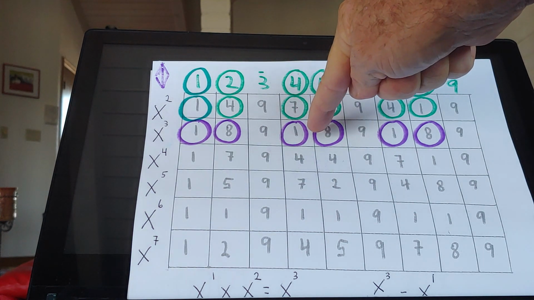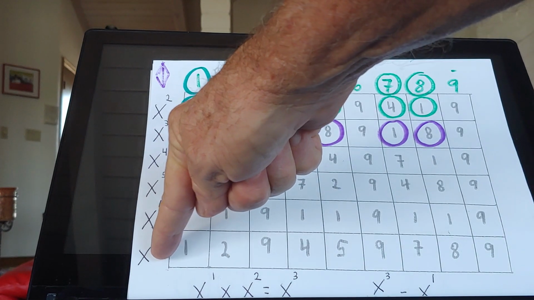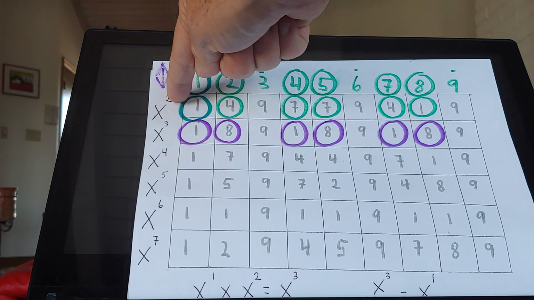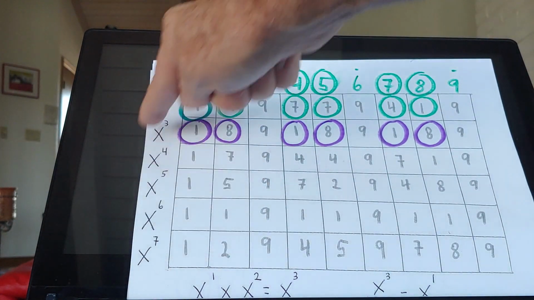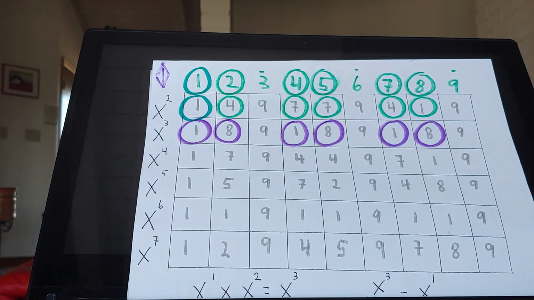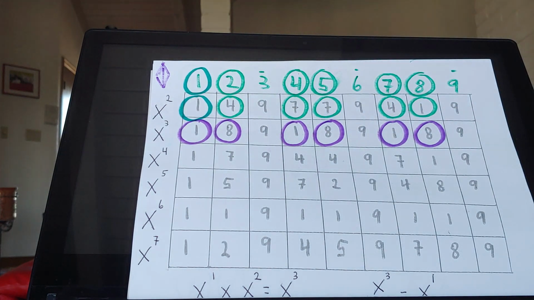Because it's a 1, we know that when we get to x to the 8th through 13th, it'll be 1 there. When we get to 14 through 20, it'll be a 1 there. When we get from 20 to 26, it'll be a 1 there, and it'll always be a 1 there, because that's the universal law of numbers. 7 times 4 is 1, 5 times 7 is 35, is an 8.